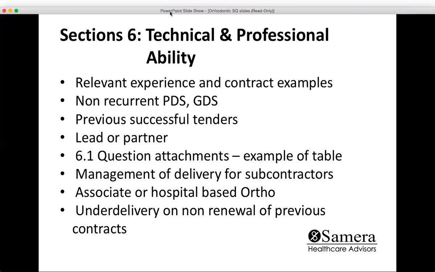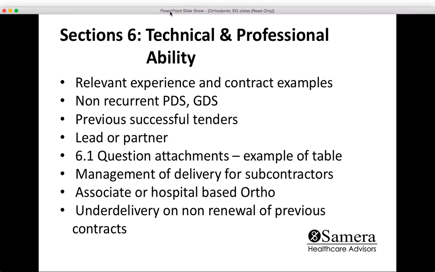Okay, great. And how do we address under delivery on non-renewal of previous contracts? What does that mean? So basically, this is where potentially somebody has had a contract terminated or not renewed in the last 24 months.